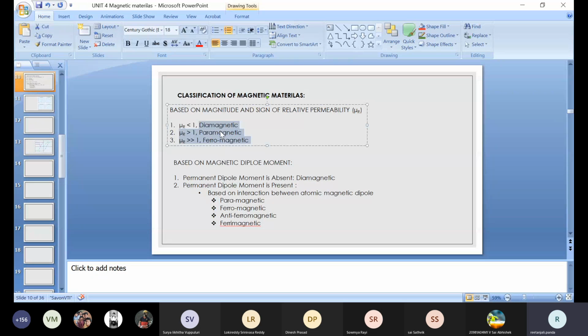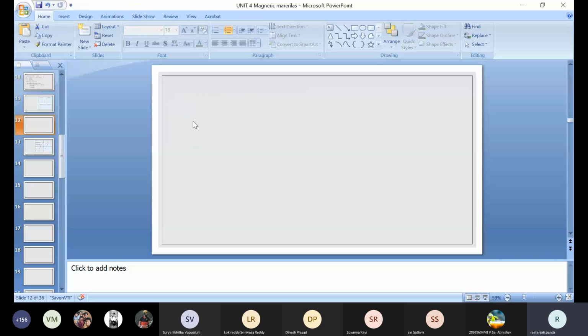Okay, first we will see the different properties, or the differences, actually. In a difference format we will try to remember the different properties of these types of materials. First we will see the ferromagnetic material. We will compare the ferromagnetic material with paramagnetic and diamagnetic material.